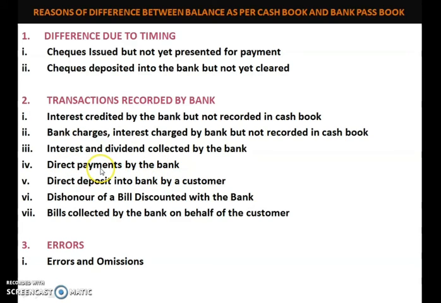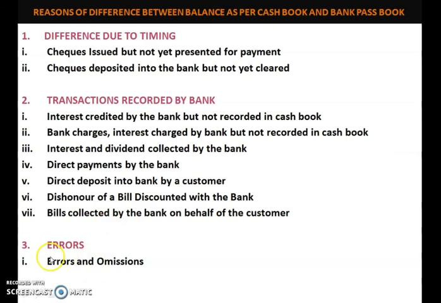The bank is paying our telephone bill or electricity bill, and it is not recorded in our cash book, but our passbook is recorded with this amount. So that shows the difference. These are cases where the bank makes the record in the passbook, but in our cash book these entries are not made. In that case also we will find a difference between these two, and we have to rectify that.